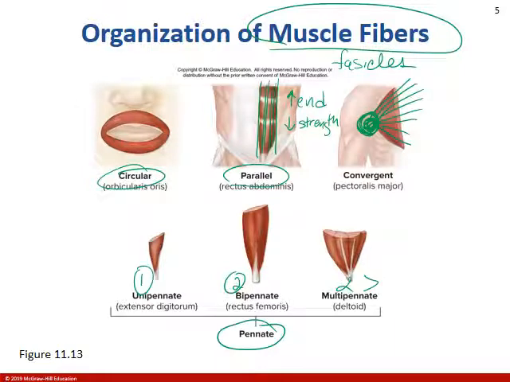So you can see here's the tendon, and you can see the fascicles are running at a specific angle. It's kind of like an oblique angle. And here they're all running this way. So again, this is kind of converging all the tension on the tendon. So these tend to be a little bit stronger. These are your strong muscles.